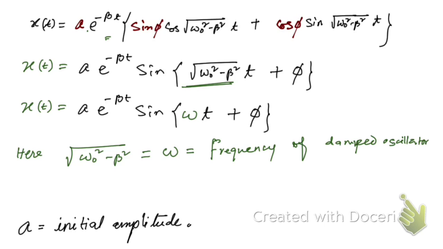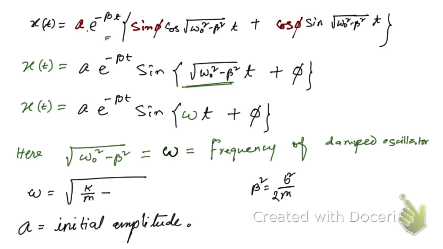And this frequency is actually the angular frequency. It can also be written in this way: omega is equal to root over omega naught square minus beta square, where omega naught square is k by m. We had considered beta is equal to b by 2m, not m.